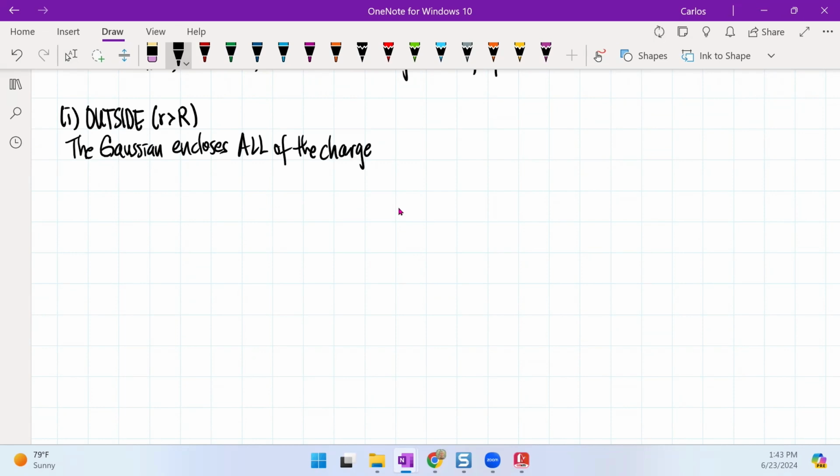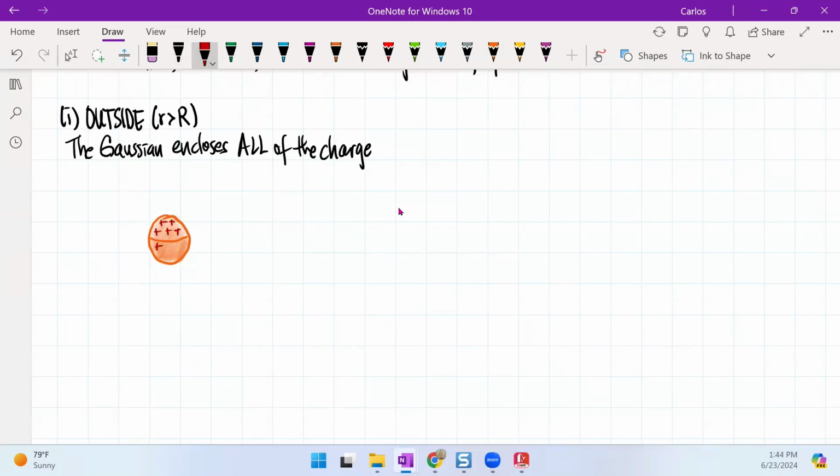So if I draw my charge sphere, I'm looking at my charge distribution.